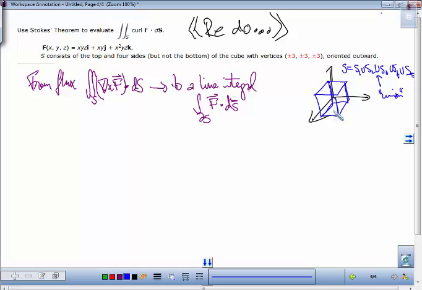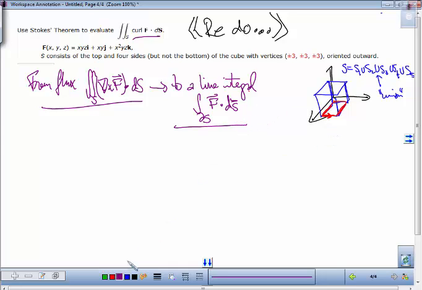And there's 5 of them, and this is open at the bottom, and so we decided that this is going to be our boundary with a specific orientation. So initially, my thought was to go from a flux integral that we're looking at to a line integral.